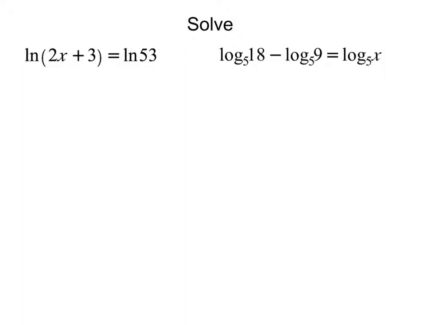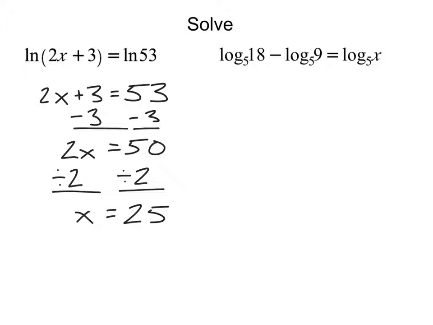If the natural logs are going to be equal, then the stuff inside of them must be equal. And so since they are both just natural log of the side, it gives us that. Which, by the way, is the same thing you would get if you did e to the power of both sides. All right, so for that first one, we get x equals 25. Once we got rid of the natural logs, it was easy.